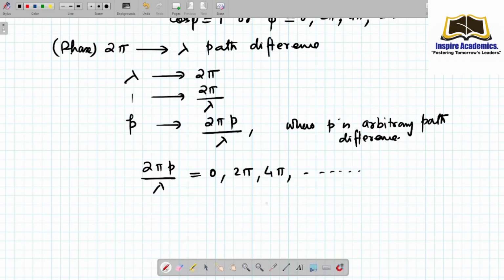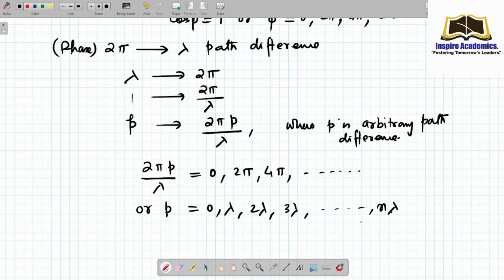Correspondingly, what will be the value of P? P can be 0, or lambda, or 2 lambda, or 3 lambda and so on, and finally it can be n lambda.